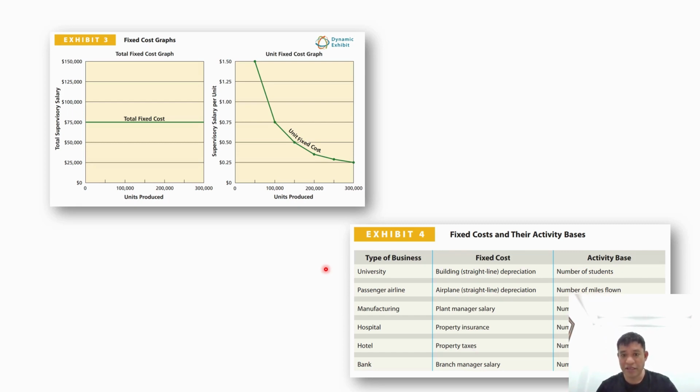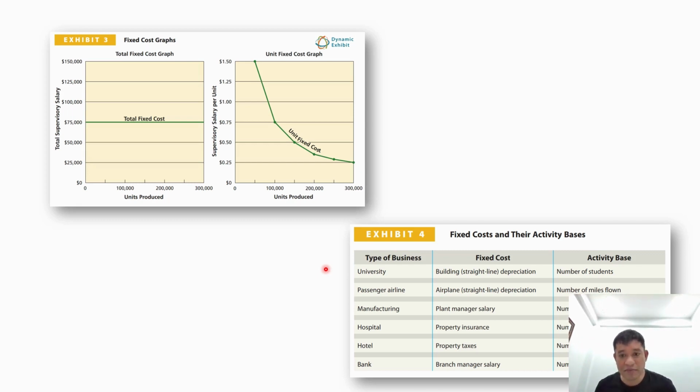For a passenger airline, regardless of the number of miles flown by an airplane, the airplane depreciation remains the same. Under the manufacturing business, regardless of the number of units produced, the plant manager salary remains the same.